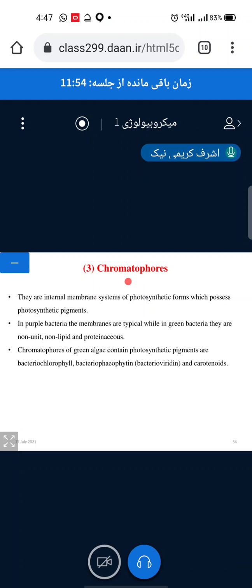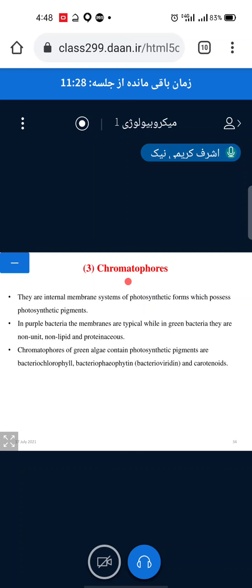It's related to photosynthetic bacteria because most photosynthetic bacteria are pigmented, for example purple bacteria, which are purple pigmented. In purple bacteria the membranes are typical, while in green bacteria they are non-unit, non-lipid, and proteinous.